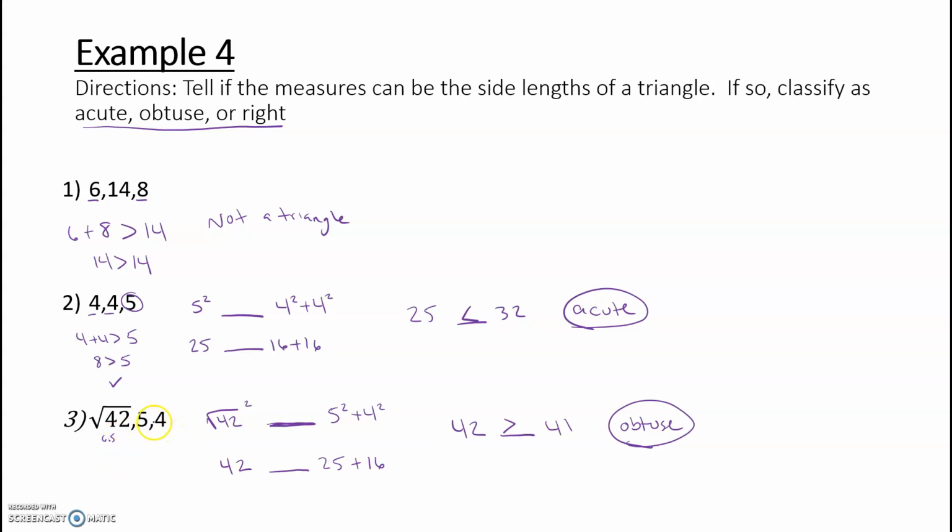So 5 plus 4, 9 is bigger than 6.5. So 5 plus 4 has to be bigger than 6.5. And 9 is definitely bigger than 6.5. So I totally forgot to check, is it a triangle first? Because it's silly to tell me acute if it's not even a triangle to begin with. Alright, so that's classifying acute, obtuse, and right.